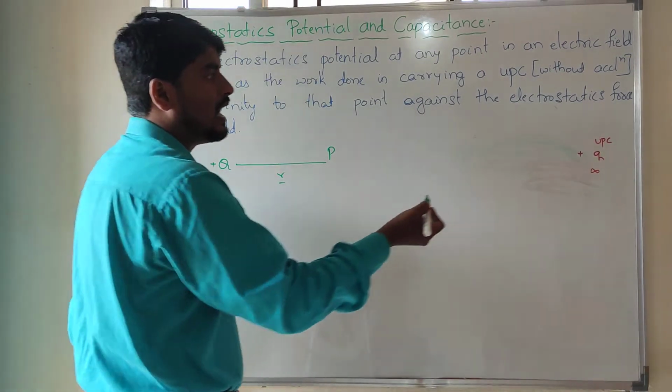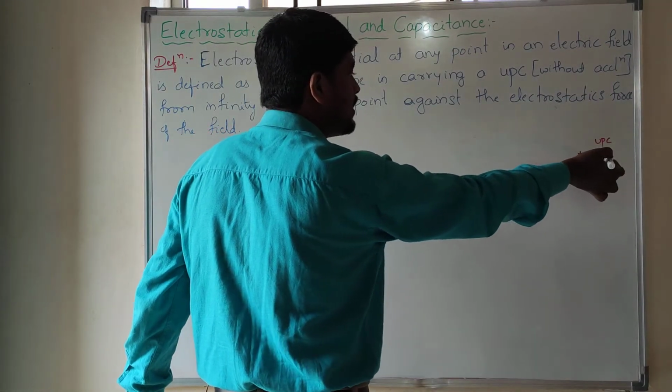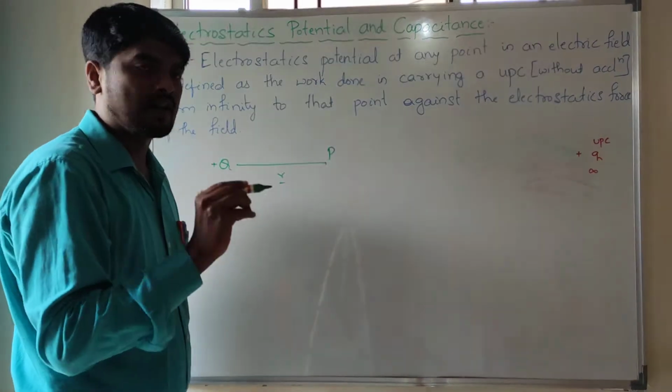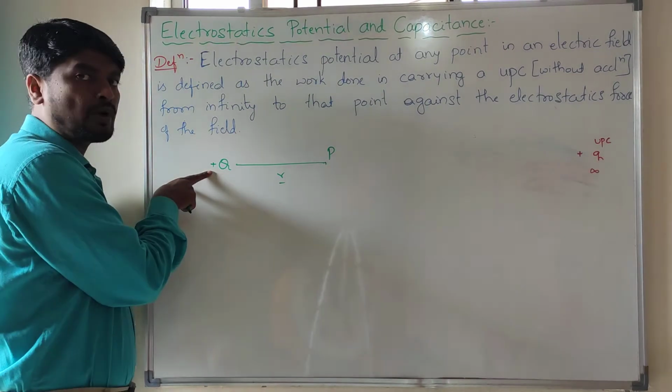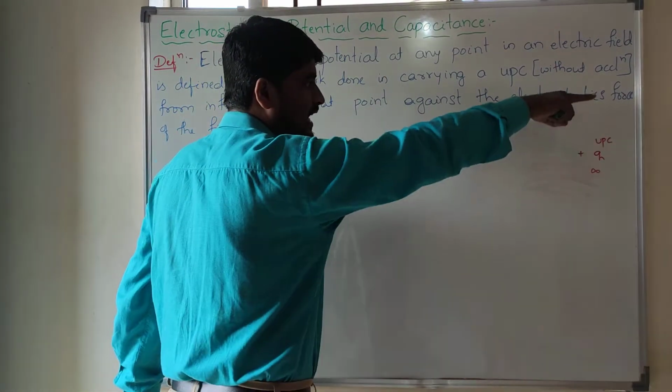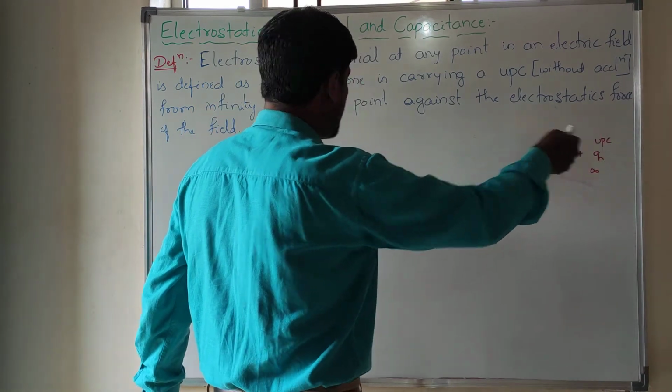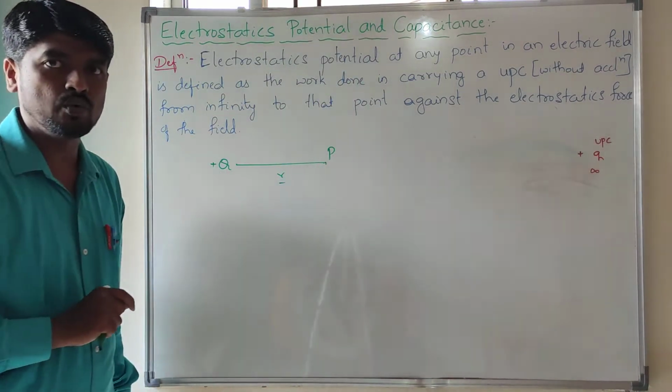At that time, I had to bring this UPC from infinity to this point. While bringing it, I had to do some work because the point charge is producing an electric field which is radially outward. The UPC is also a positive charge and experiences a repulsive force due to this plus charge Q.